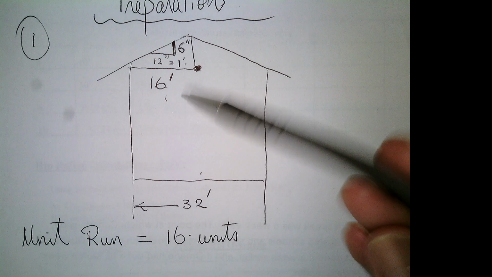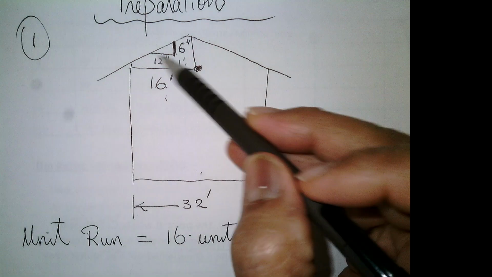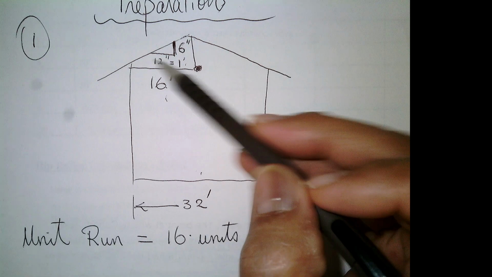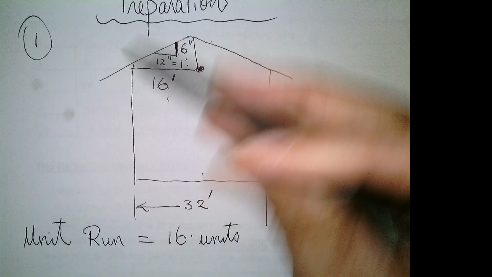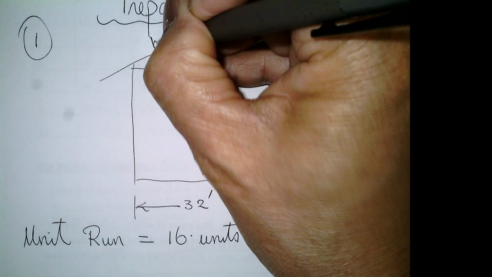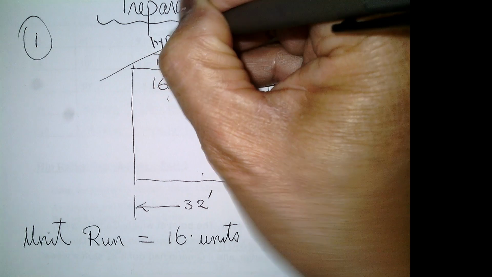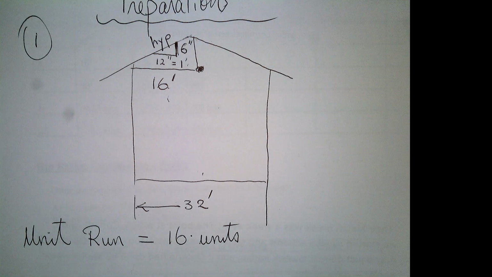Next is the hypotenuse of the slope calculation in inches. I call this HYP, not HIP.